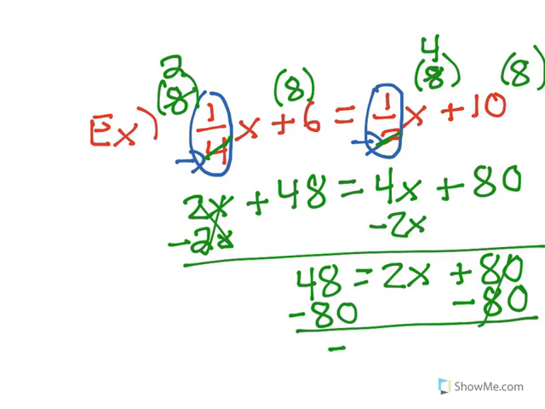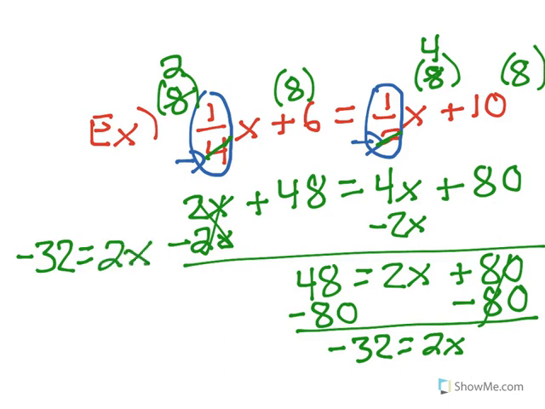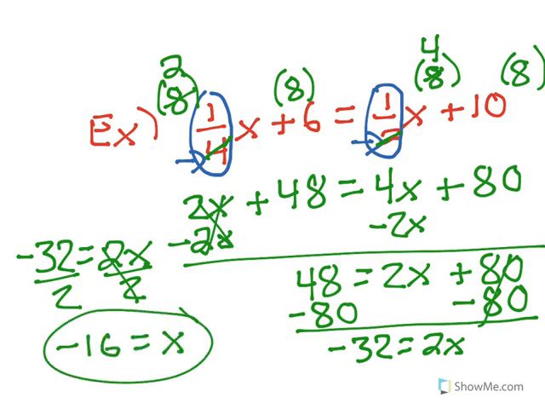And at this point, I get negative 32 equals 2x. I'm going to write that over here so I have some more room. And my final step, I'm going to divide by that 2. And I get that negative 16 is equal to x.